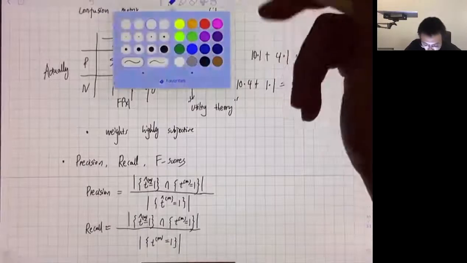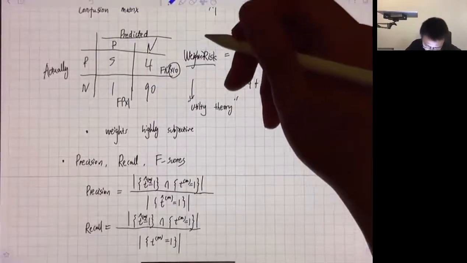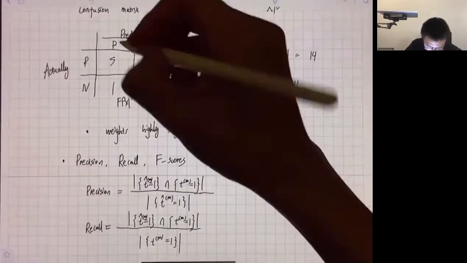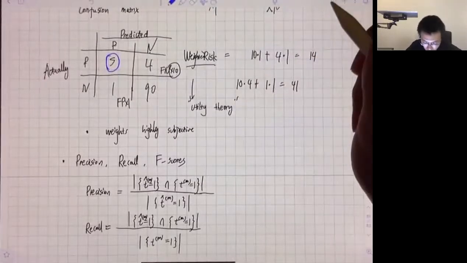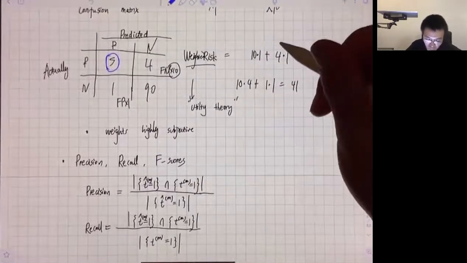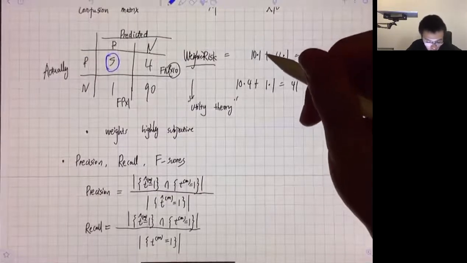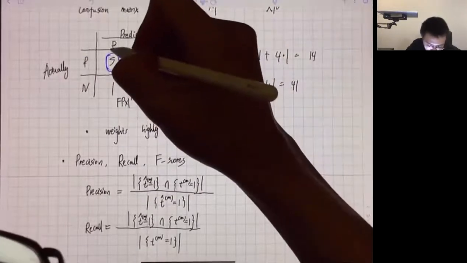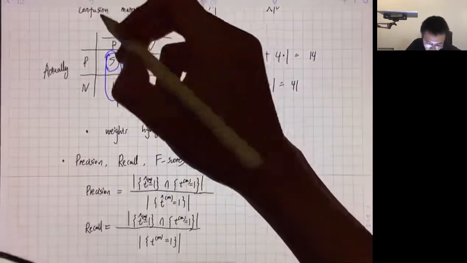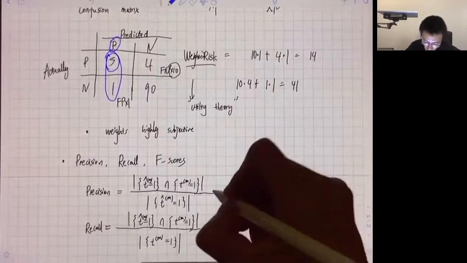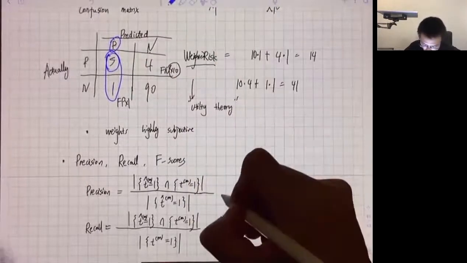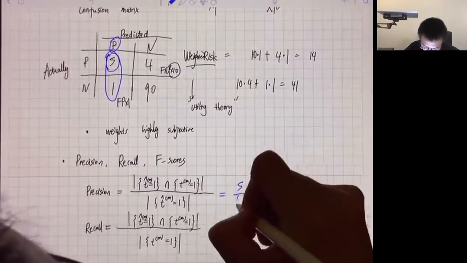So going back to the confusion matrix, the precision is this number divided by predicted positive. Where's the predicted positive? It's this column, so it's 5 plus 1. Regarding this confusion matrix, the precision is 5 divided by 6.